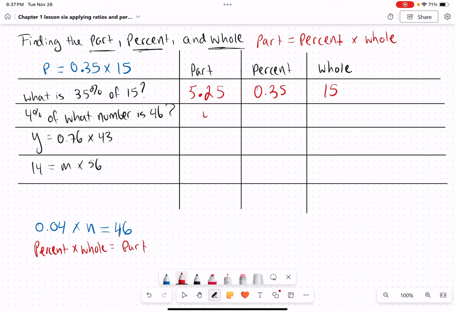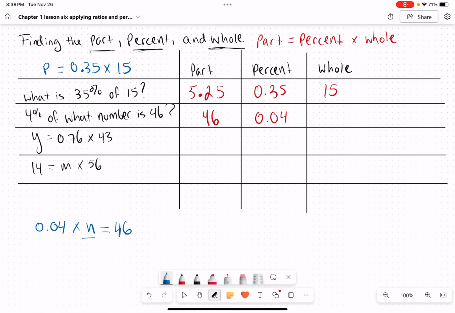46 is the part. The percent is obviously 4% because it's given. And 4% is written as 0.04. We move the decimal place 2 times to the left when it has the percent symbol, or just divide it by 100. And then the whole, well, in order to find the whole, we have to divide by 0.04 in order to isolate the n. So we're going to do 46 divided by 0.04. Let me erase this.